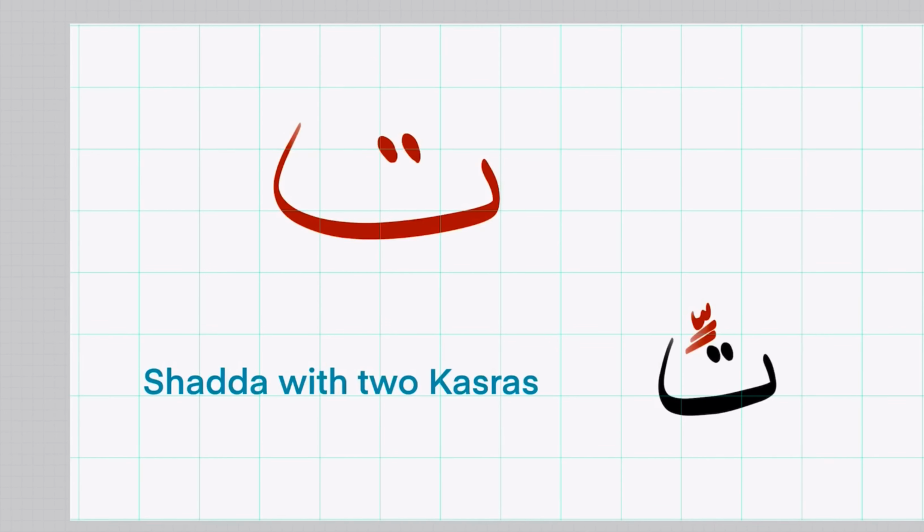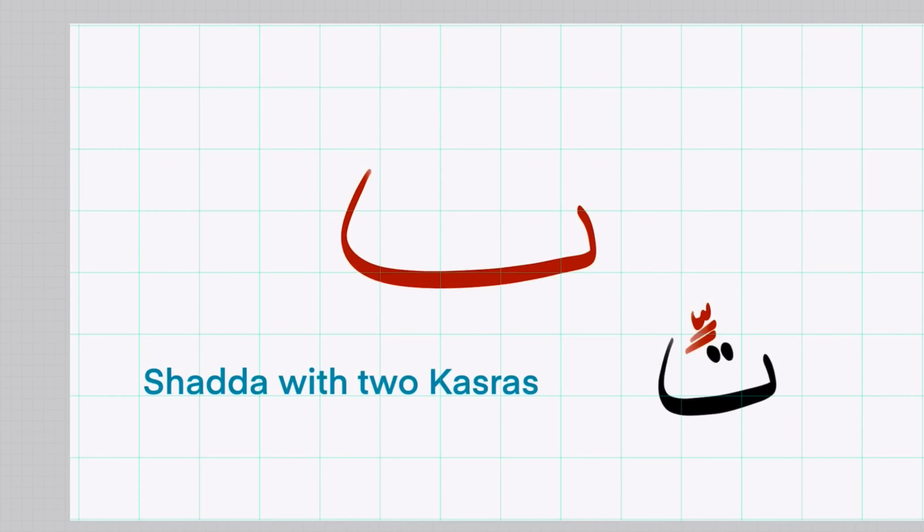Let's try again. Ta, shadda, two kasras, a 10. How should it look if it was at the end of a word attached to a letter? Remember, the ta could be on its own the way it is here at the end of a word, and it could be attached to a letter.